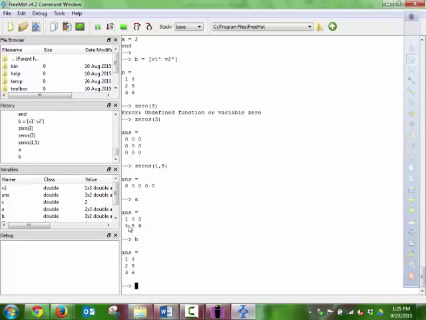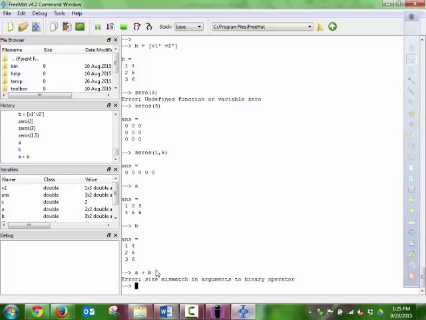So my A matrix is a 2 by 3 and my B is a 3 by 2. So if you try adding them, you'll see that you're going to get an error because it's not the same size. So maybe we'll add on to matrix A. Let's add on another row. What row are we going to add on?